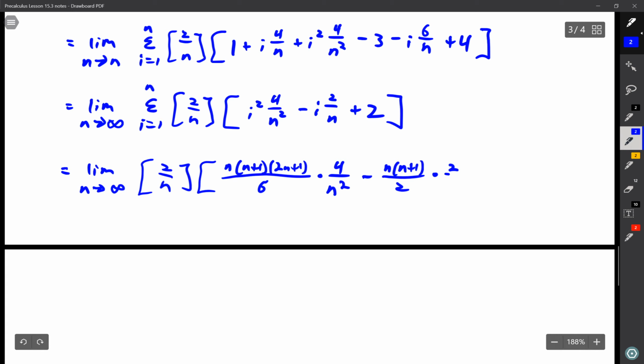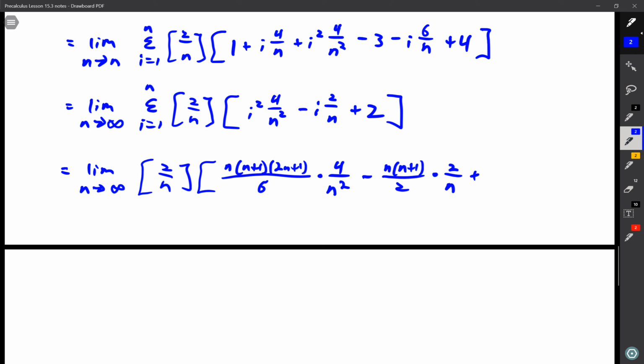Now, this plus 2, here's the thing. What's going on is we have a sum, so each time we plug in an i, we have a 2 that gets added.